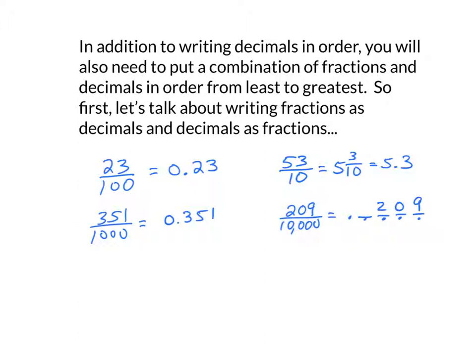So I'm going to need a 0 as a placeholder in the tenths place. So 209 10,000ths is 0.0209. Now notice in this particular case, all of the fractions that I gave you have a denominator of 10, 100, 1,000, 10,000. We will talk later on about how to write fractions in decimal form if they do not have that type of denominator.